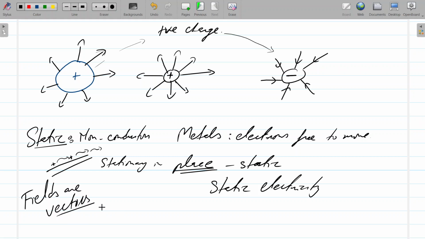And with vectors, what do they have? They have magnitude, so how strong or weak they are, and direction, which you've seen. Fields have direction. The electric field is a vector. The magnetic field is a vector. Okay, just so you know.